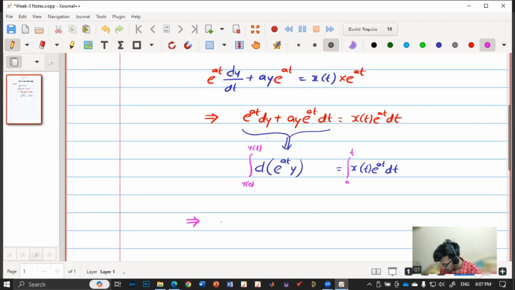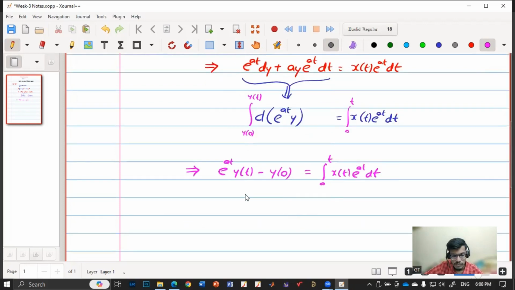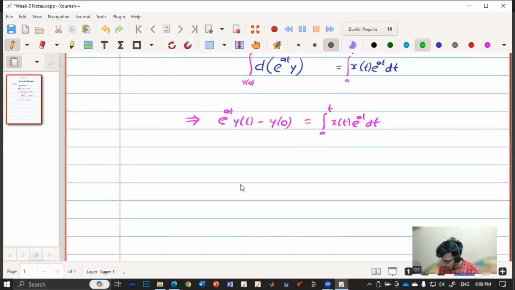I will get e to the power at into y of t minus y of 0, because e to the power 0 is 1 at t equal to 0, is equal to integral 0 to t x of t e to the power at dt. So y of 0 is unknown. For the time being, we are assuming this to be a.